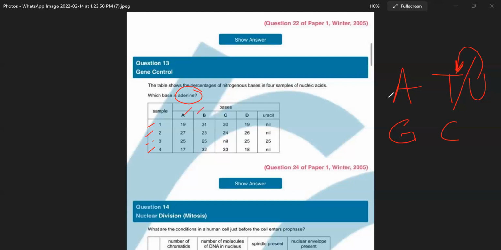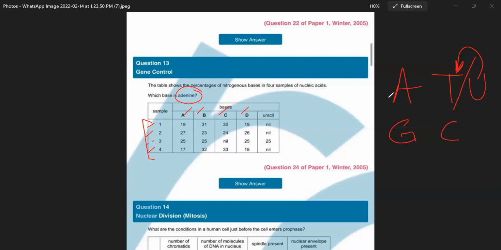This MCQ wants you to identify which of these bases is adenine by using a sample set which is correct. In previous MCQs, we were choosing what's the correct one and what's the wrong one. In this one, all of these options are correct. What we're doing is choosing one of them for adenine. We're assigning adenine to them.